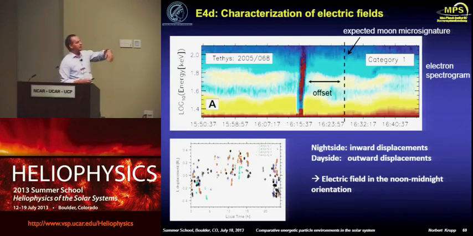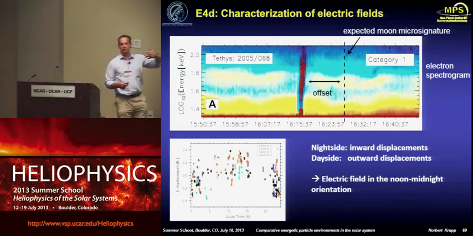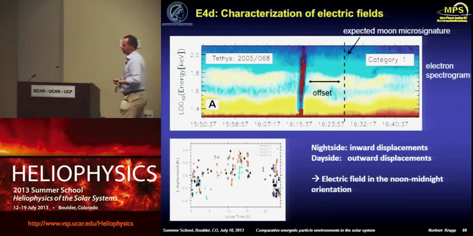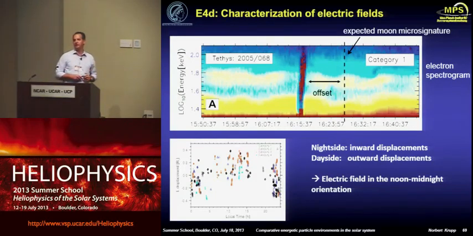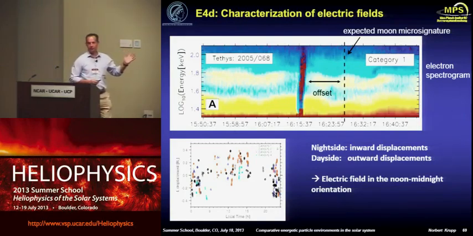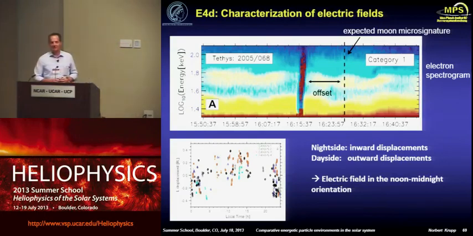And the only way to explain it, if it's not a magnetic field effect, and we could rule it out, is that there is an additional electric field in the noon-midnight orientation present in Saturn's magnetosphere. There is currently a big discussion going on about where this comes from, and no one has a good answer yet. But it is something which is coming out from energetic particle analysis.